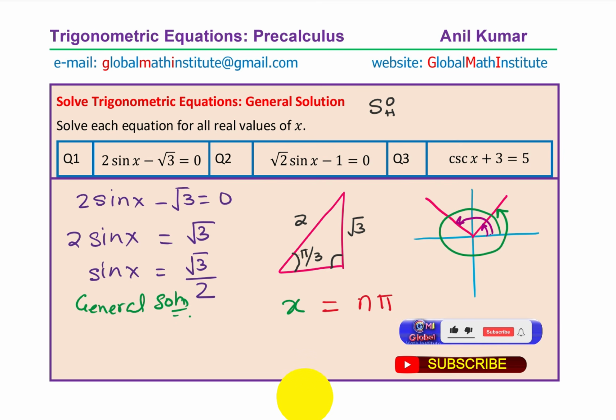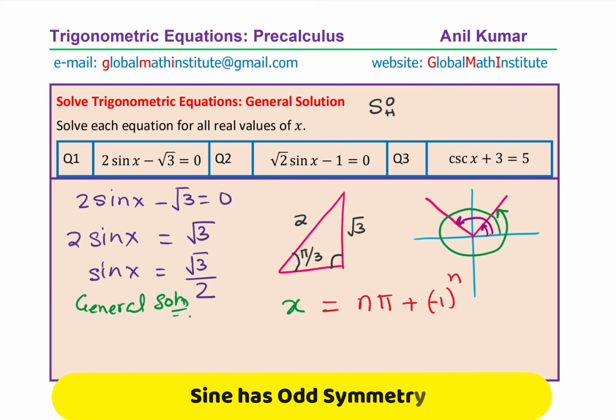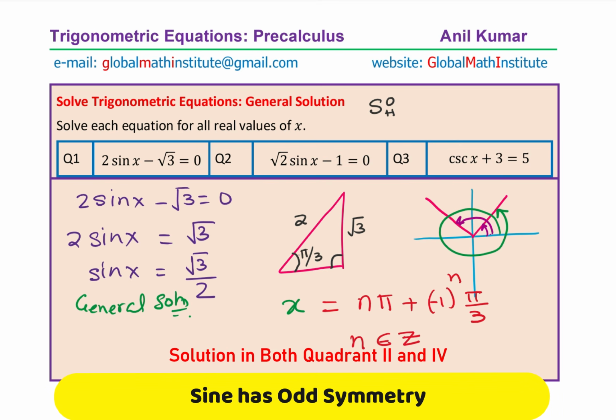It repeats after every pi, right? However, in quadrant 1, you have to add, and in quadrant 2, you have to subtract. So minus 1 to the power of n, and alpha being pi by 3. Does that make sense? Of course, n belongs to set of integers. So that is how we can write down the solution.